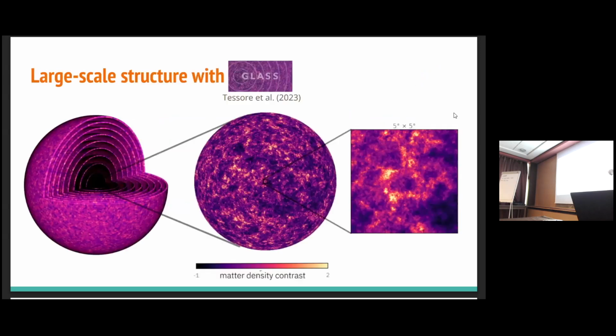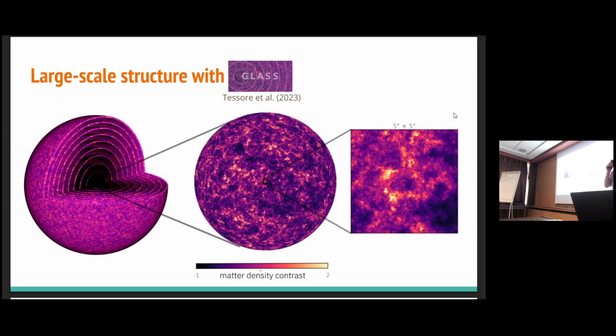Let's now talk about the large-scale structure part. We use GLASS, the generator of large-scale structure, which works on shells. Basically, it makes random realizations of log-normal fields, given some input fiducial power spectra. This code is able to generate overdensity fields or convergence fields, which might or might not be correlated.